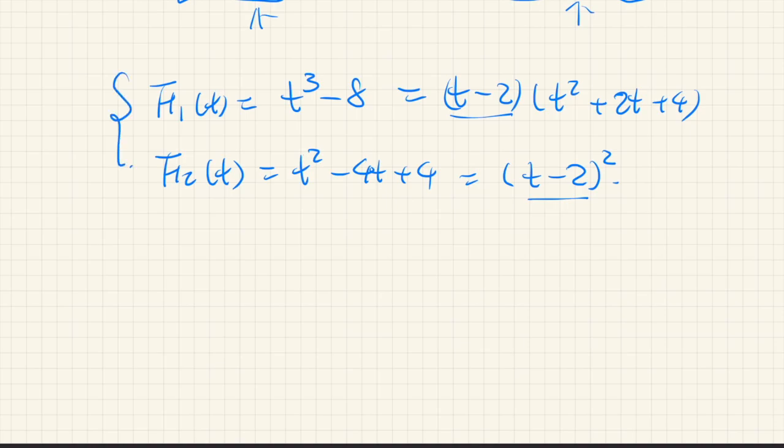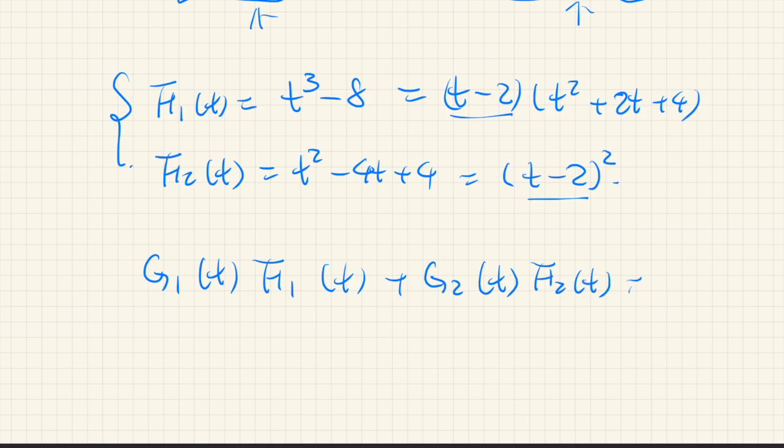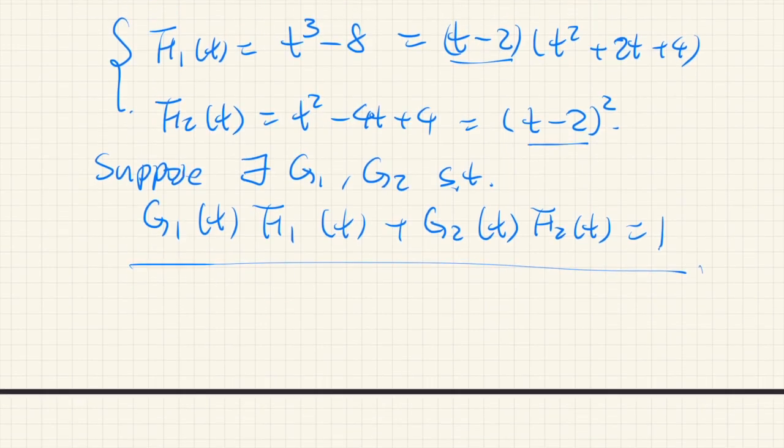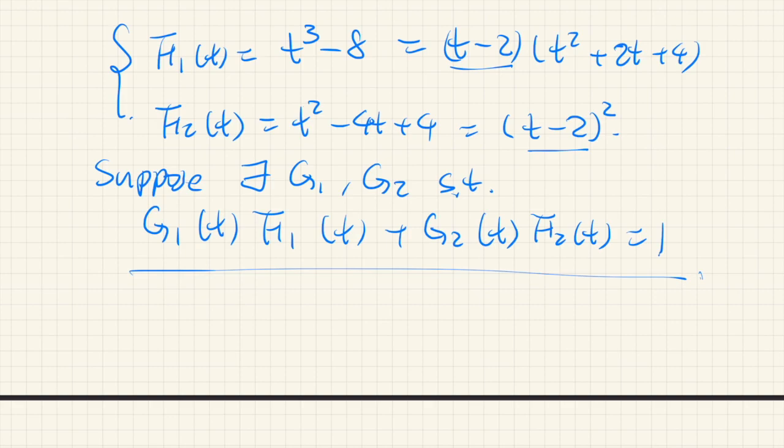Okay. So suppose we do have two polynomials, g1 and g2, such that this equation holds. Okay, then what happens? Then the left-hand side is divisible by t minus 2.